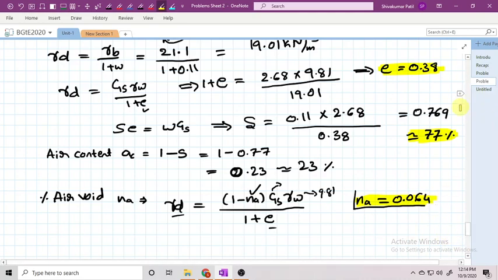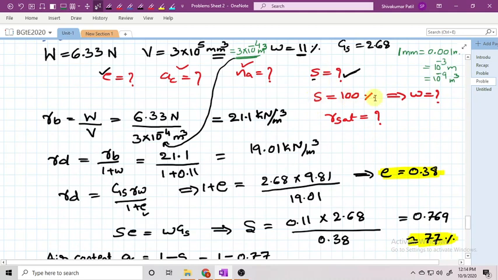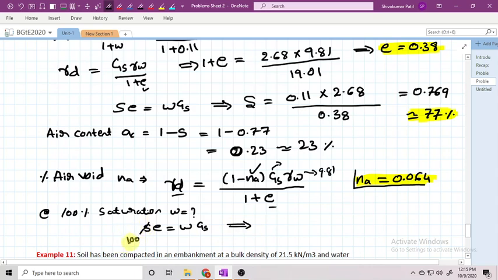So these are all the answers. There is one more parameter they are asking. At 100% saturation, what is the water content? So let me write, at 100% saturation, what is the water content? The same formula I will use, S E equals W into Gs. Now here S is 100%, that means 1.